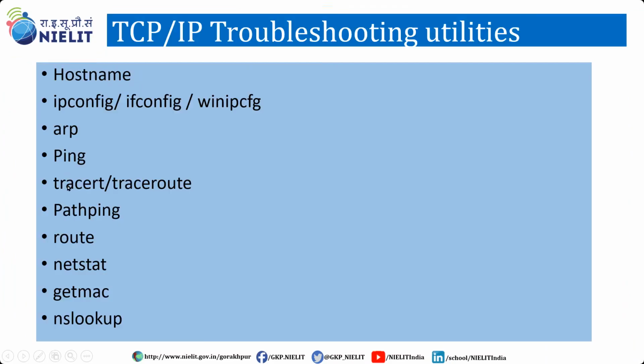So ping, tracert, pathping: these 3 commands use ICMP in the background to get the status of the network or remote machine. Traceroute, one is related to Linux machine and one is related to Windows machine.